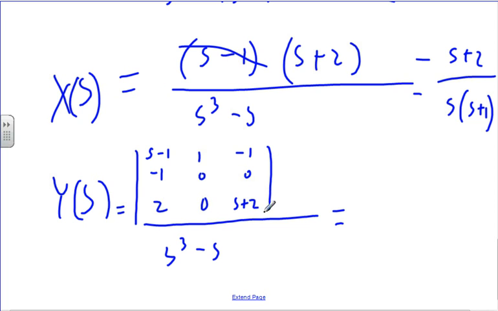The only one that's not 0 is the minus with the plus sign. So I'm going to have s plus 2 over s plus 1. So I have the same one. X and y are the same answer.